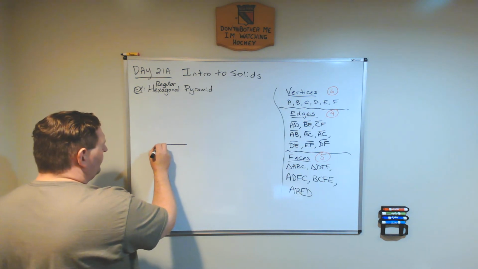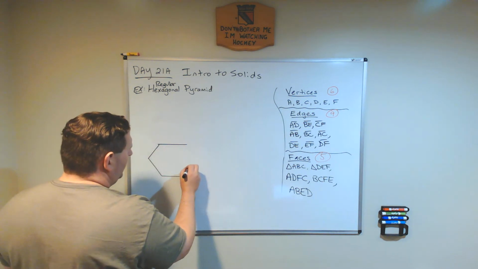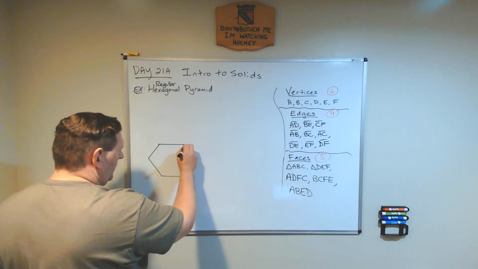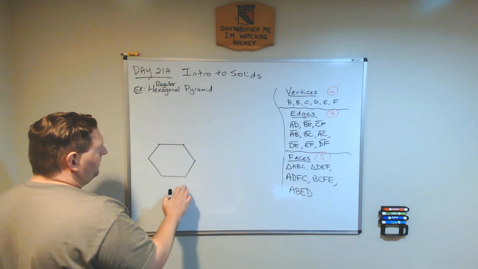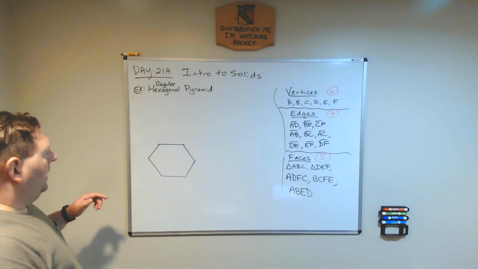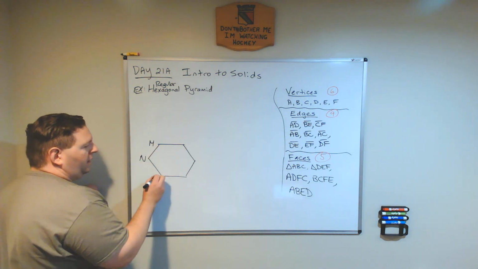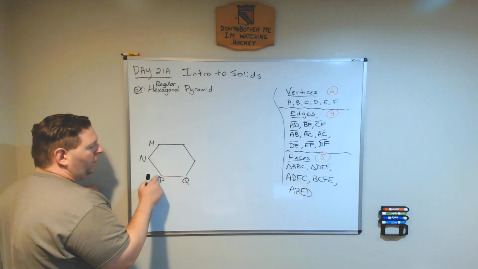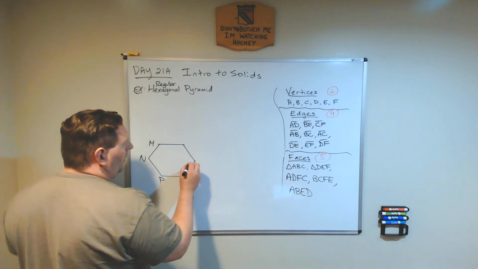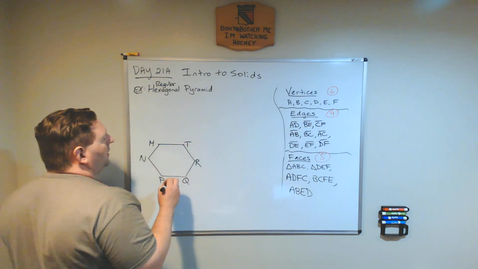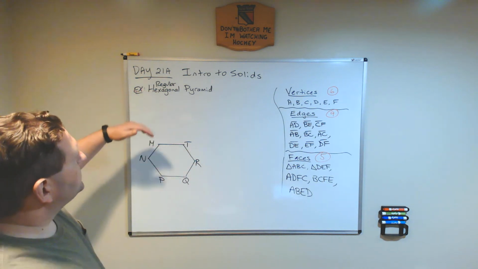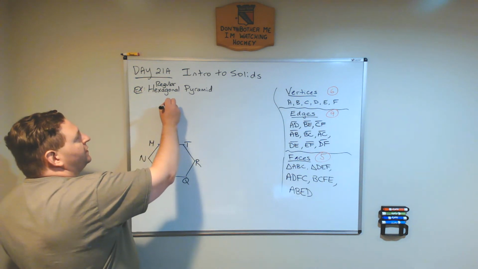I'm going to have a hexagon right here, something like that. I'm going to call this M, N, P, Q, R, T. And now I'm going to put an apex up above. I'm going to call that point W.